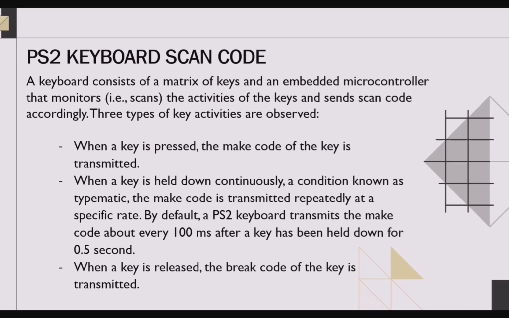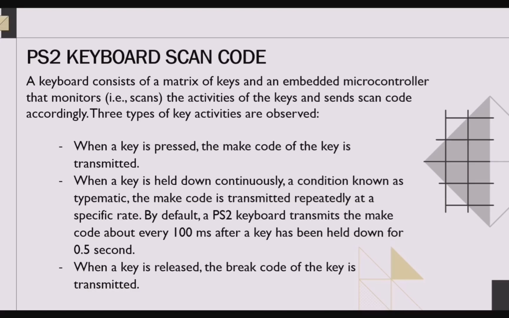Now let's move to the PS2 keyboard scan code. A keyboard consists of a matrix of keys, and an embedded microcontroller monitors and scans the activities of the keys and sends a scan code accordingly. There are 3 types of key activities that are observed. First, when a key is pressed, the make code of the key is transmitted.